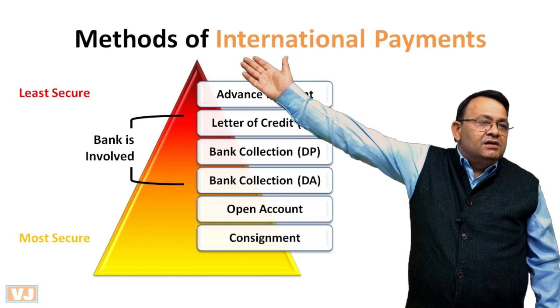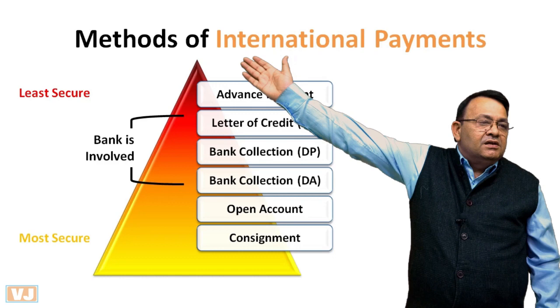So, for example, if you have as an importer very weak bargaining power, you may have to agree to the advance payment to the supplier, because it is difficult to get the goods and there are very few suppliers. They enjoy very strong bargaining power.